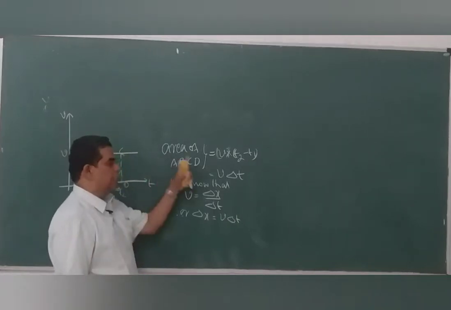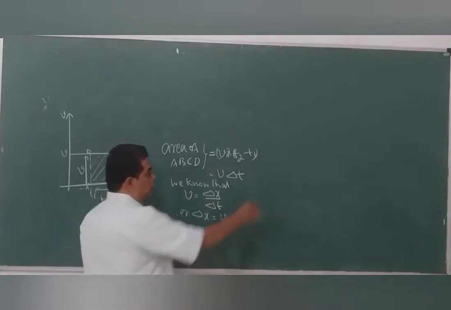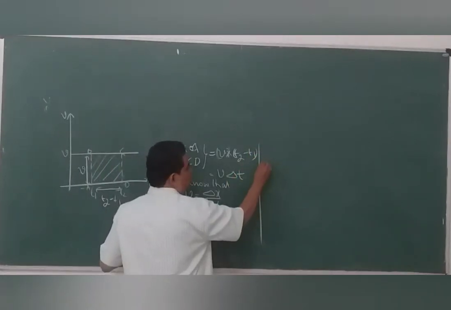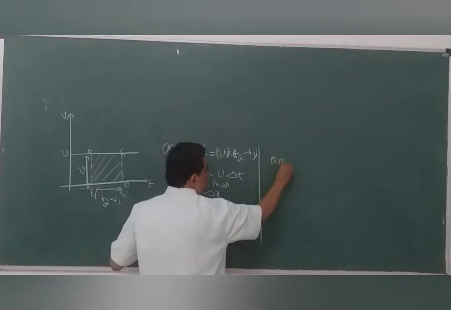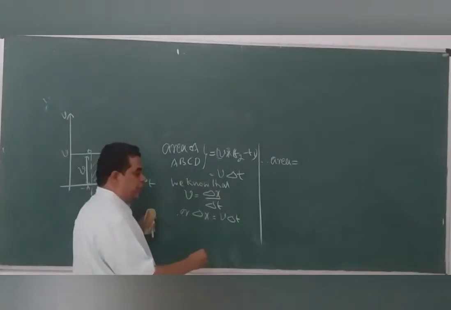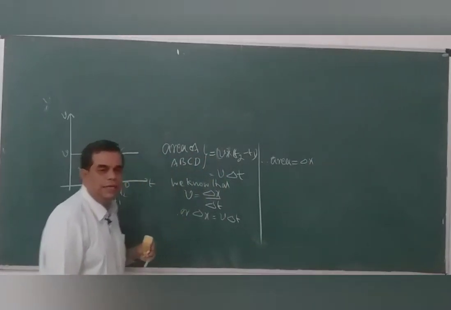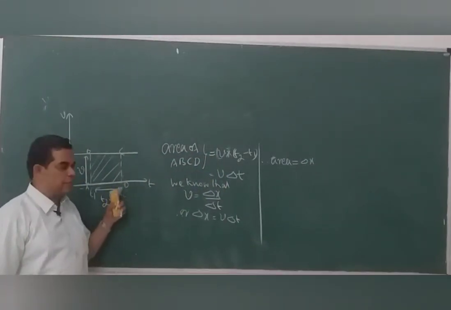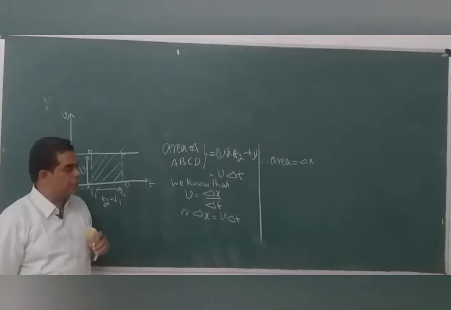Observe, area is V delta t, delta x is also V delta t. Therefore, area under the VT graph will give you delta x, or simply we can say area under the VT graph will give us the displacement. Area under the VT graph will give us the displacement.